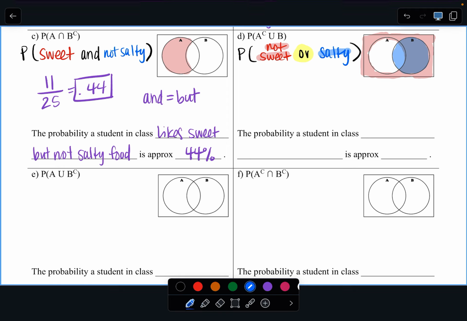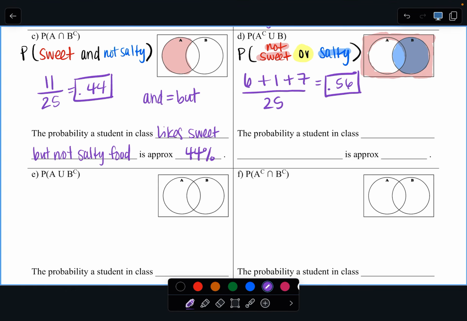So when I go in to find this, this is going to be the 6 in the middle, the 1 on the outside, the 7 that are salty only, all over 25. So the only thing that's being excluded is the 11 people who only like sweet food, and that's going to give me a sample proportion of 0.56.